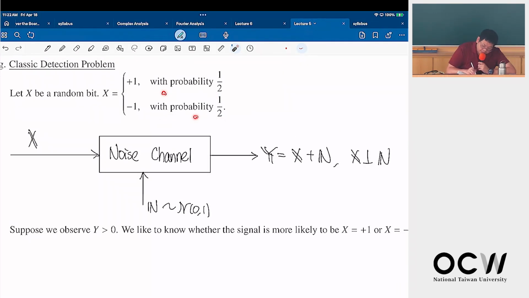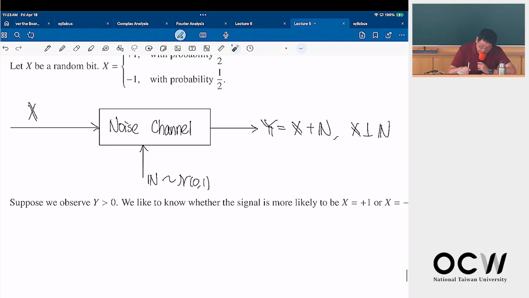It is just with probability 1/2 to have 1, 1/2 to have -1. And how about y? What's the distribution of y? Only when x is fixed, if it is 1 or -1, then we know y is Gaussian.